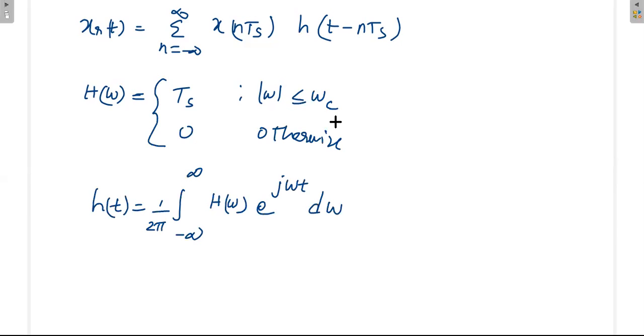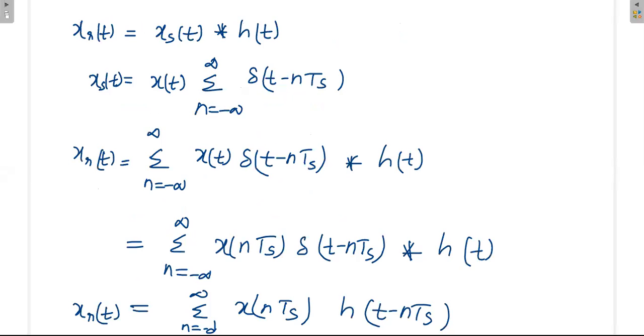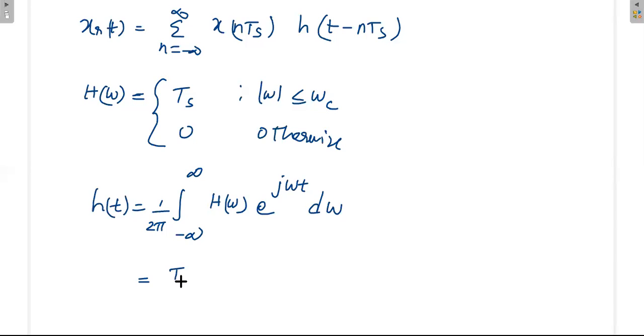Since H of omega has the value Ts, we get Ts by 2 pi times the integration from minus omega c to plus omega c of e power j omega t d omega.